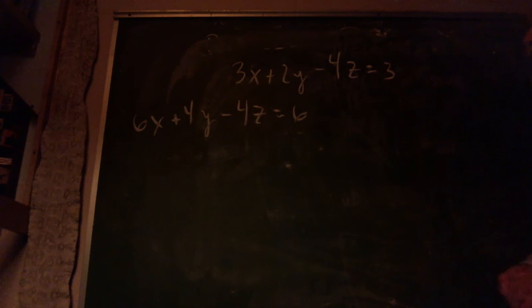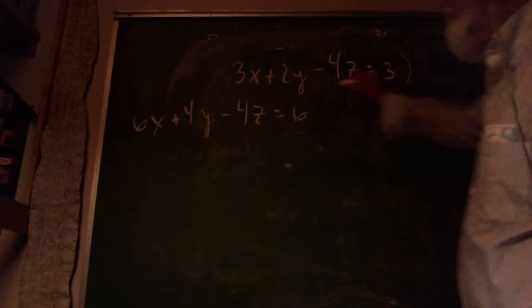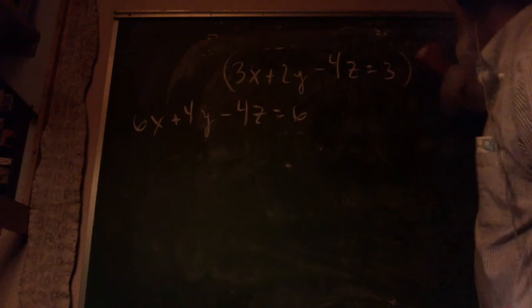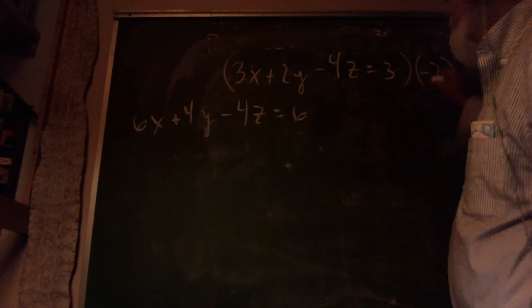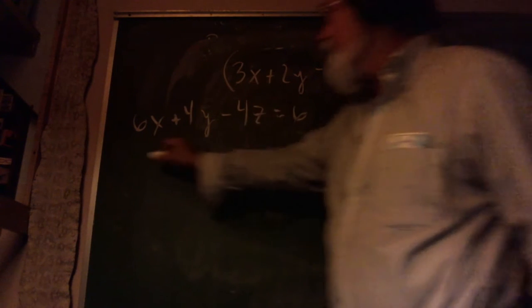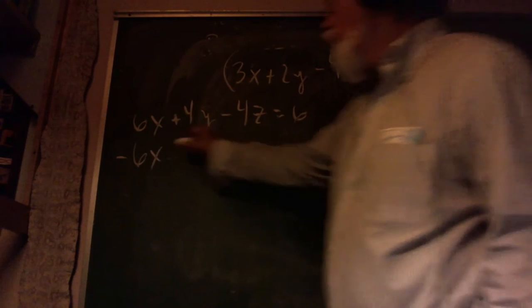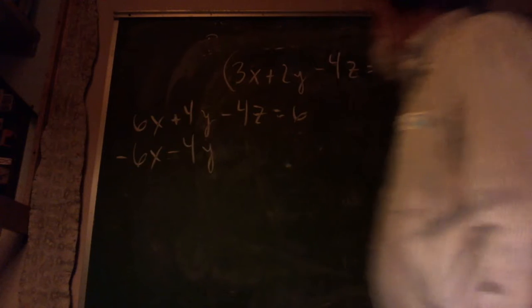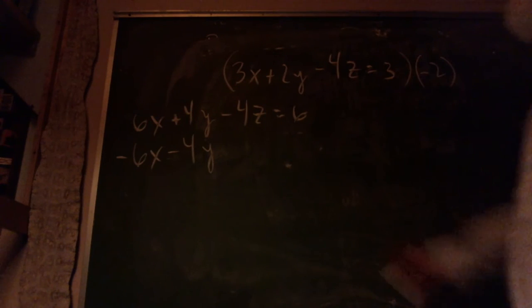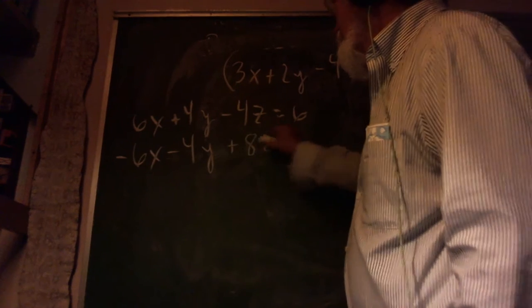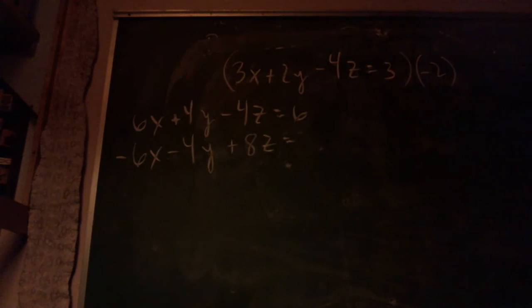I'm going to rewrite this thing times -2, and I'm going to write it down here. So I get -6x, -4y, positive 8z, and -6.